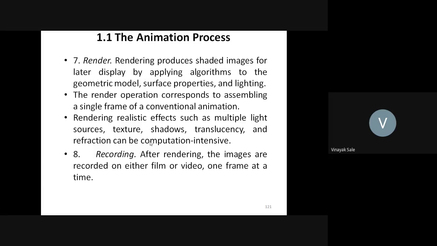Rendering realistic effects such as multiple light sources, textures, shadows, translucency, and refraction can be computation intensive. The next part is recording. After rendering, images are recorded on either film or video, one frame at a time.